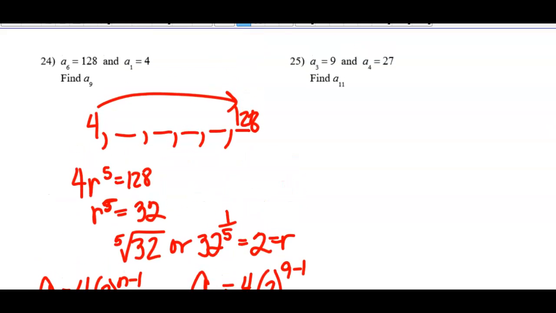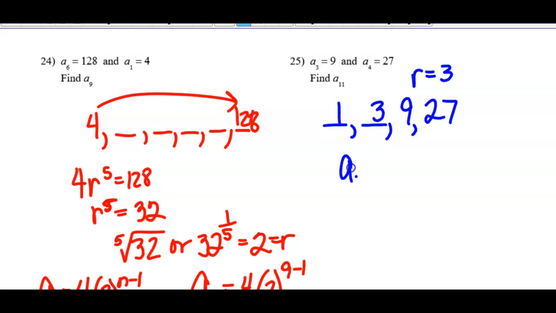All right, last one. This one is actually sweet because it gives us 2 terms in a row. So we had something, something, 9, 27. So I can tell right away that r was 3, because we could just put those over each other. And we've got to go backwards and find the first term. So if we divide by 3, we get 3. We divide by 3 again, we get 1.